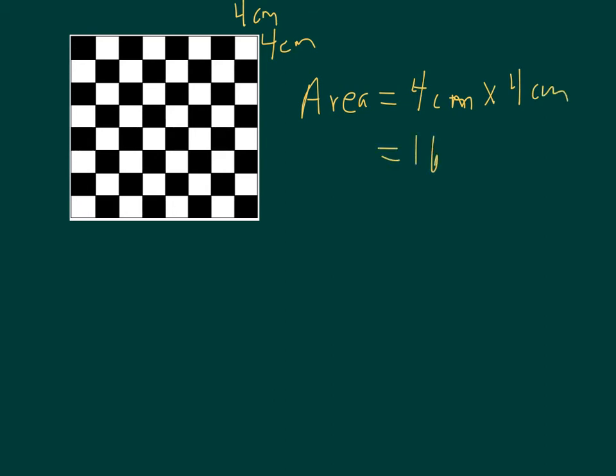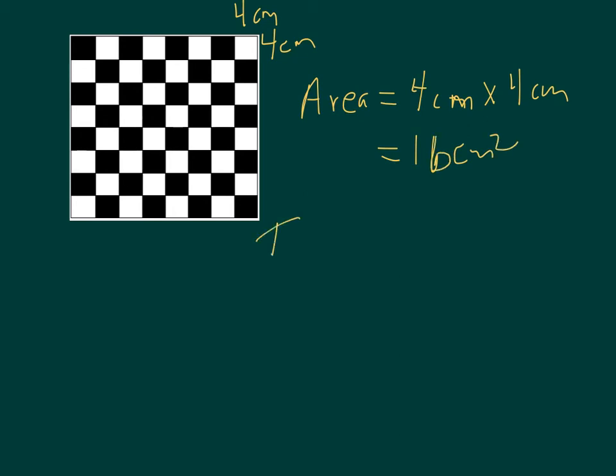Let's take the same checkerboard. Now let's pretend that each square is 4 centimeters by 4 centimeters. So that means the area of each square is 4 centimeters times 4 centimeters, which gives us 16 square centimeters.